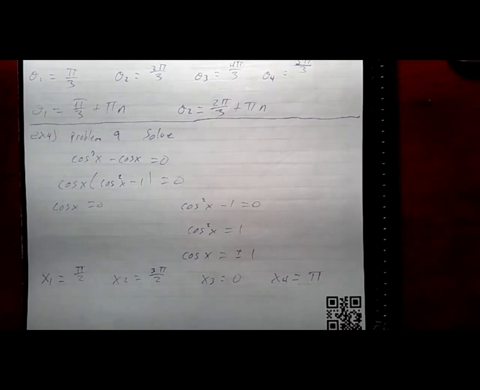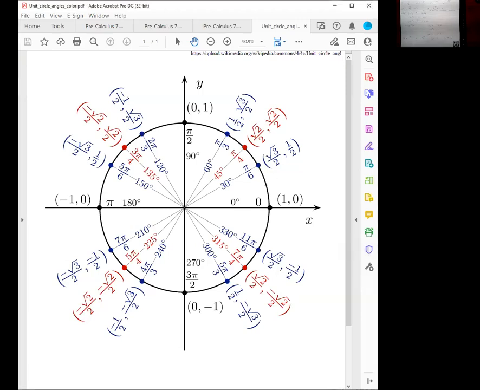So do you agree that these answers are all on the 4 corners of the circle? Right? 0, pi over 2. See how they're on the corners? And you guys come up with a formula that will make you land here, here, here, here, over and over again.